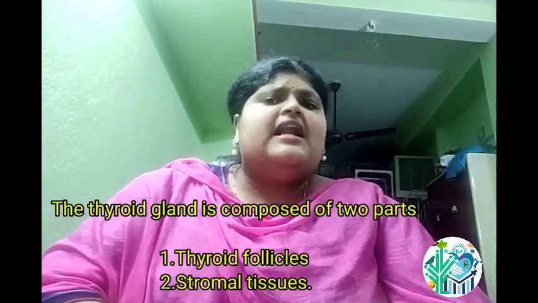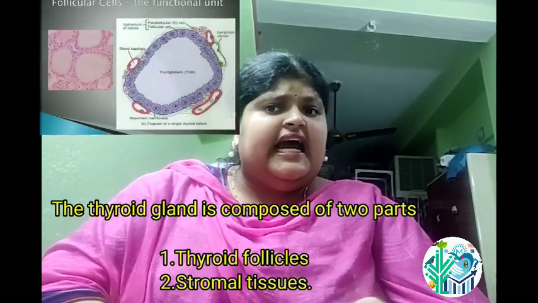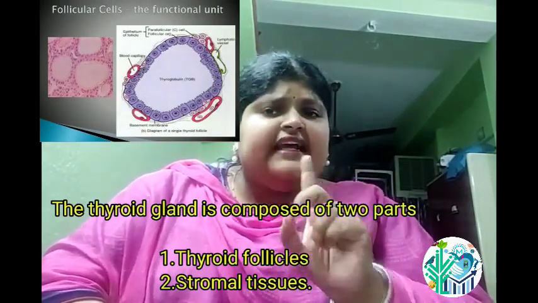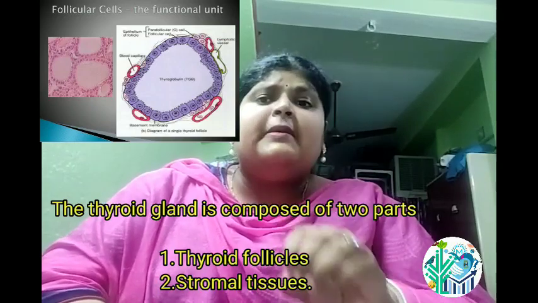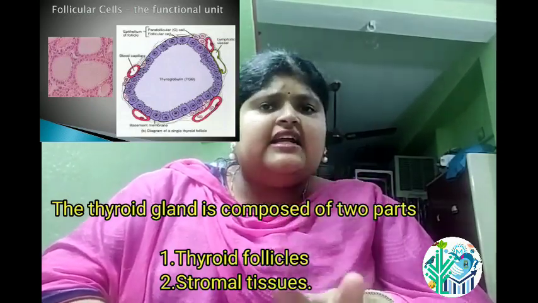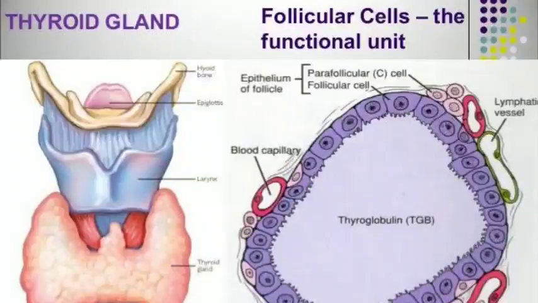Okay. So what is the thyroid gland composed of? The thyroid gland is composed of two parts: follicles and stromal tissues. Now again, each thyroid follicle is composed of what?